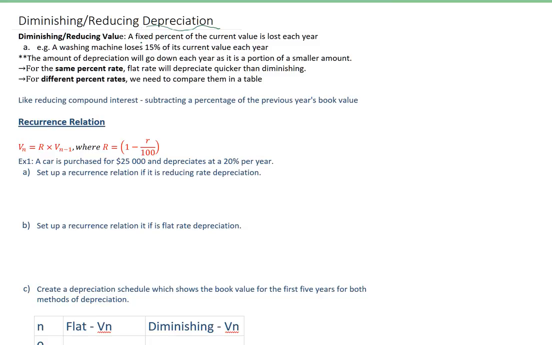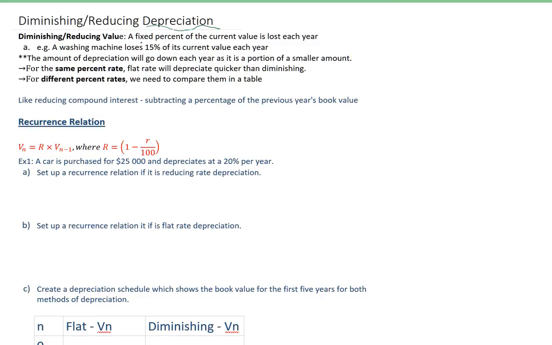So what the implications of that are, first of all, the amount of depreciation. Remember, depreciation is the amount that is lost, okay, so the number. So the amount of depreciation will go down each year as it is a portion of a smaller amount.